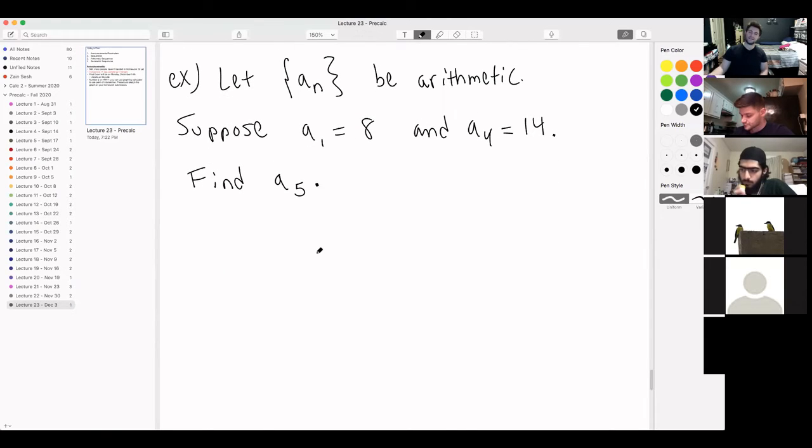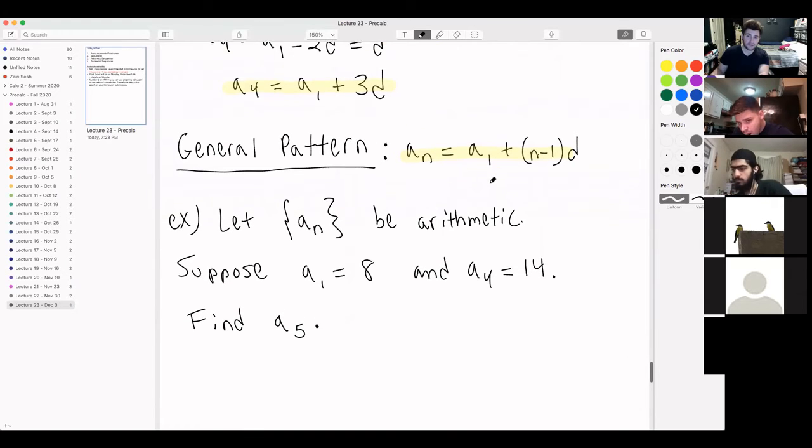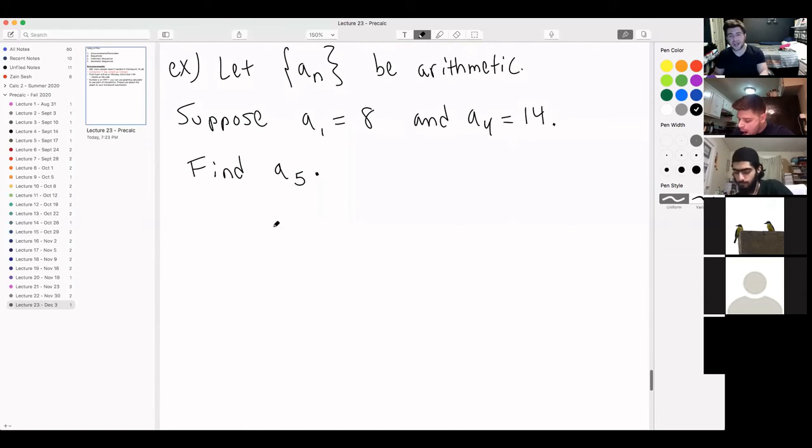Okay, so this may seem like, wow, how in the world can I do this? I have just the first term and the fourth term. But given this formula here, it's actually possible. Okay, so I want a5, right?